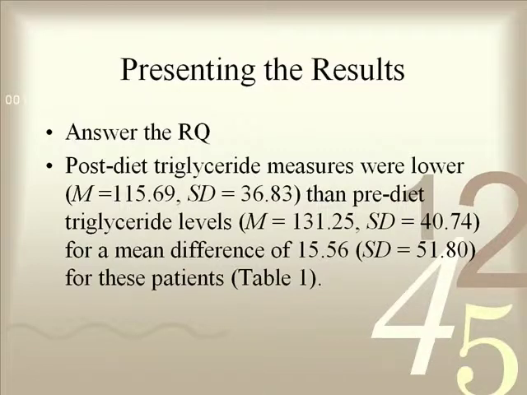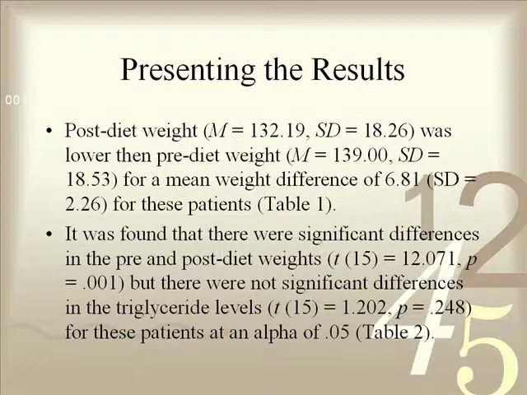So the triglyceride levels went down about 15 and a half, whatever they measured it in. Now the weights, the post-diet weight was lower than the pre-diet weight for a mean weight difference of about 6.81 pounds for these patients. Okay, so that's the descriptive statistics.